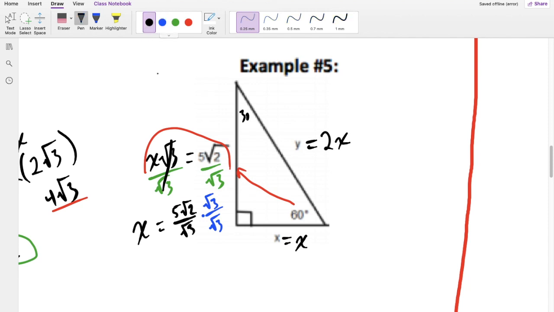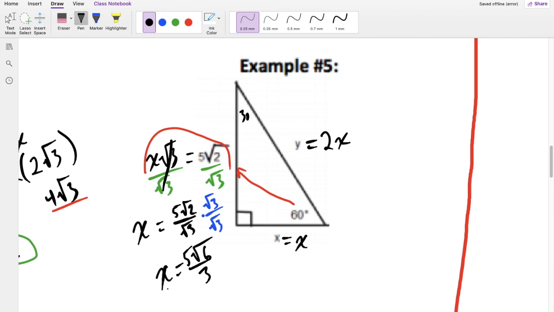My denominator is just the square root of 3 times the square root of 3, which is just 3. My numerator, the 5 times the square root of 2 times the square root of 3, is just going to give me 5 times the square root of 6, because 2 times 3 is 6. So this is what x equals.